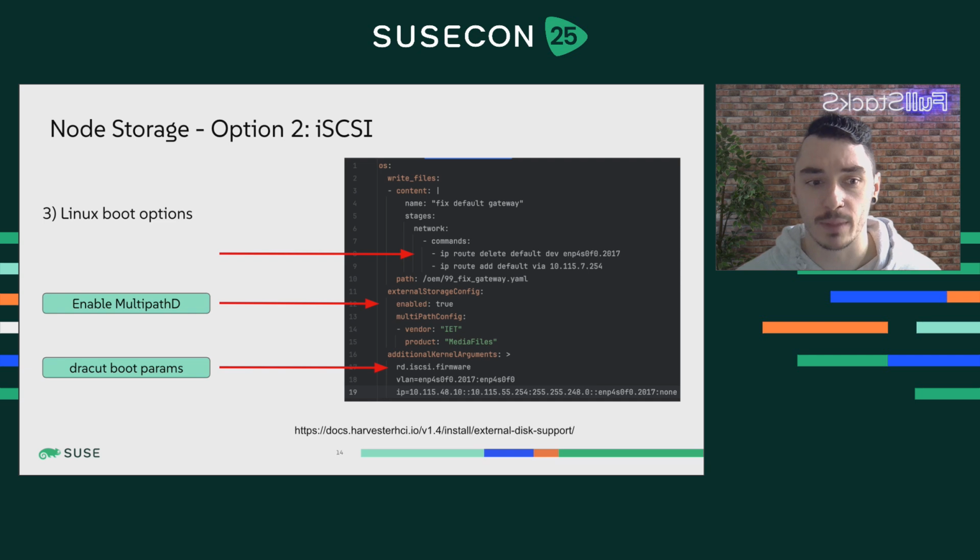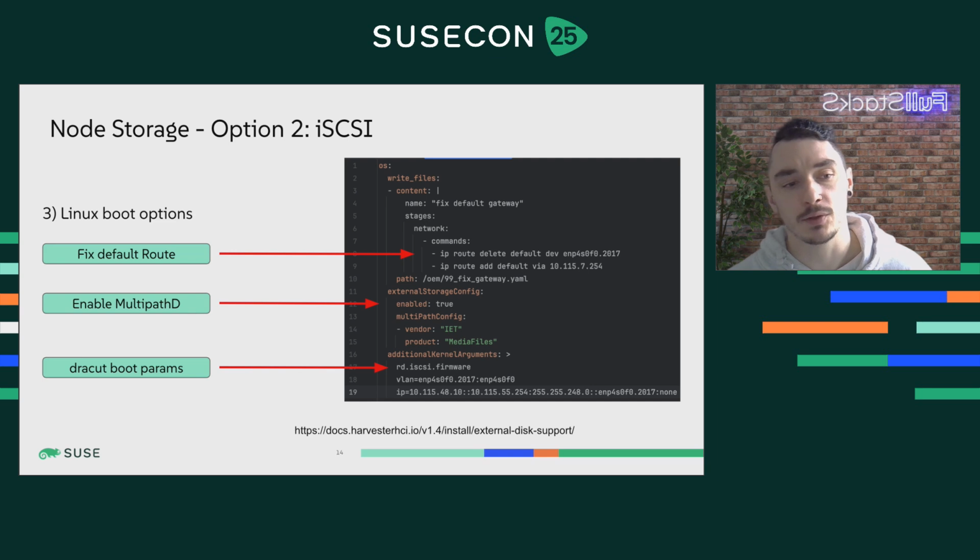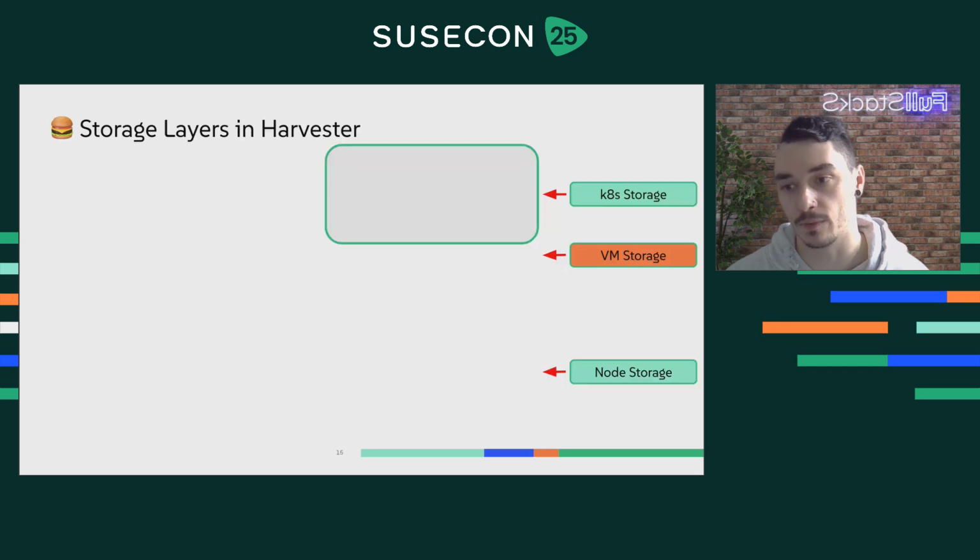You need to enable multipathd, and provide some basic configuration. And you also need to take care of the default IP route to set it to the proper interface for startup. And that's pretty much all you need to do. Then you're able to install from diskless servers onto a volume provided by, for example, NetApp, made available via iSCSI.